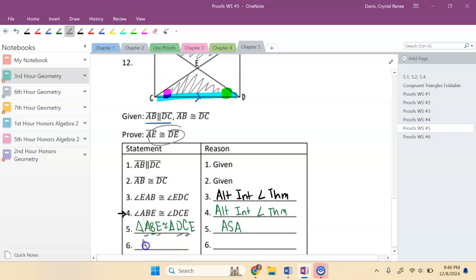So I can go a step further and say AE is congruent to DE. And once again, that is by corresponding parts of congruent triangles are congruent, meaning that I know those triangles are congruent, which means every corresponding part of one is congruent to the corresponding part of the other.